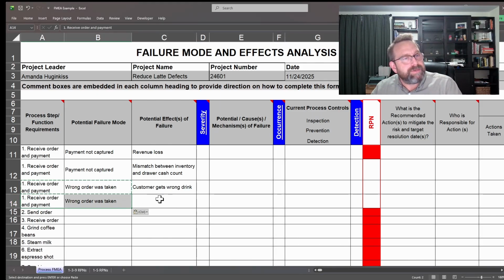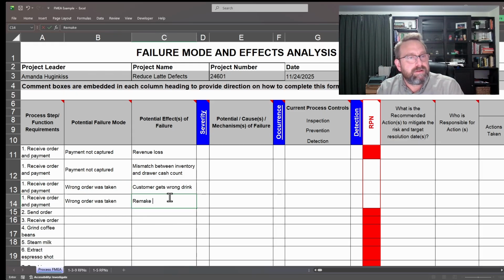Hold on, I'm jumping ahead of myself. So the wrong order was taken. Customer gets the wrong drink. You're going to have to remake the drink. So that's money, that's cost, that's delay. So I think that's pretty good for now. So let's hold up there.